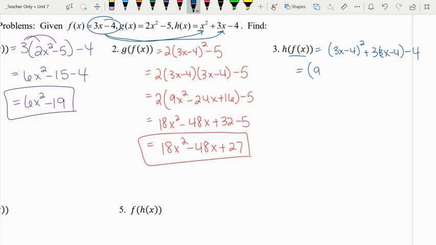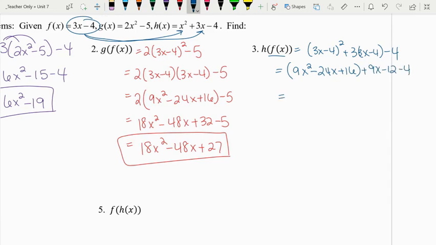So again, if we FOIL this, we got 9x squared minus 24x plus 16. Then we would have 9x minus 12 minus 4. We would combine like terms and get 9x squared minus 15x. And this would end up giving me 16 minus 12, which is 4. 4 minus 4 is 0. So this would be my final answer.